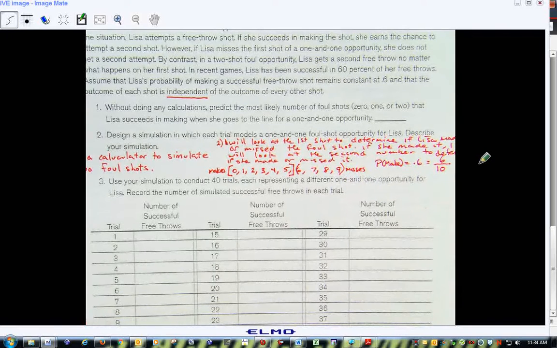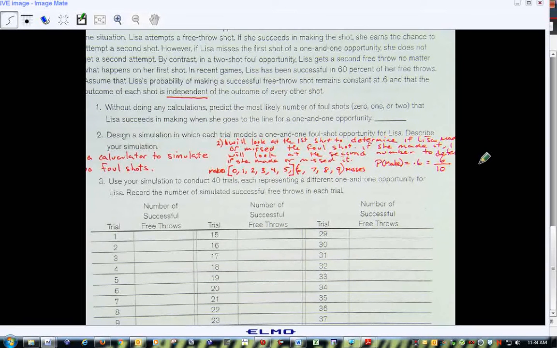So we can tell the calculator to give us 2 random digits, or 2 random integers, and we'll look at them. If it's 0 to 5, it's a make. And if it's 6 to 9, it's a miss.